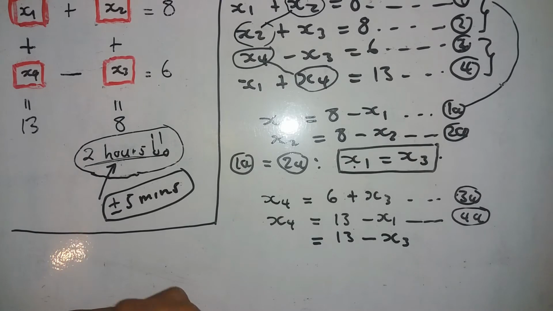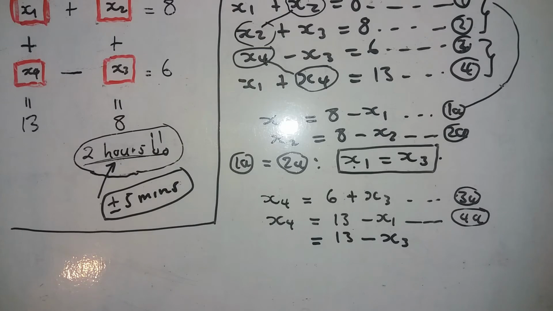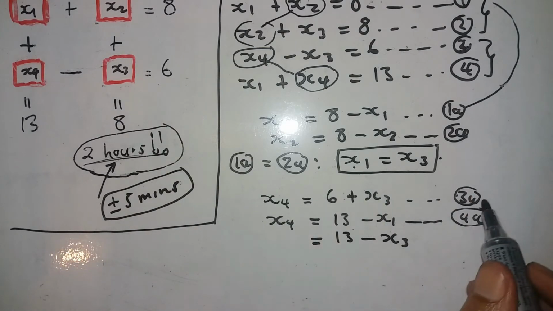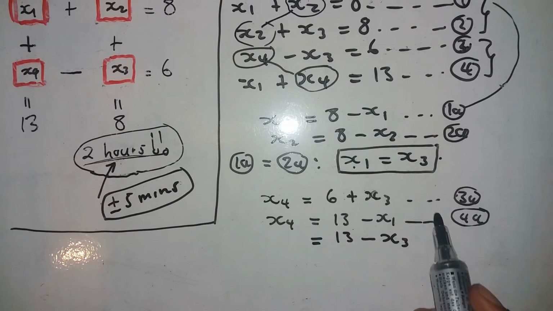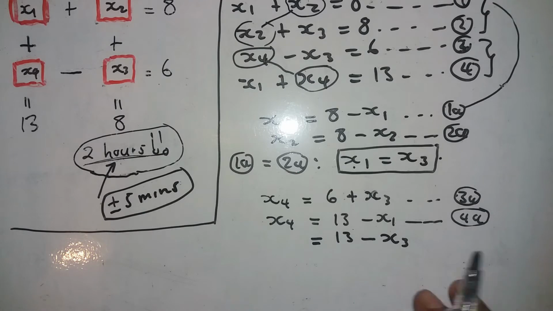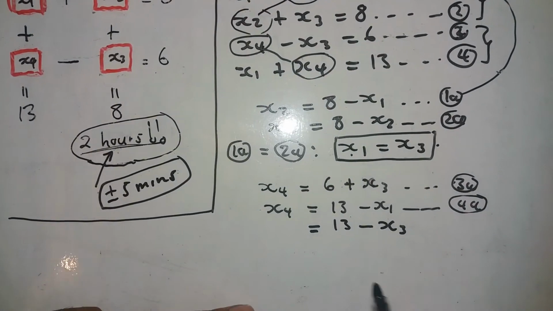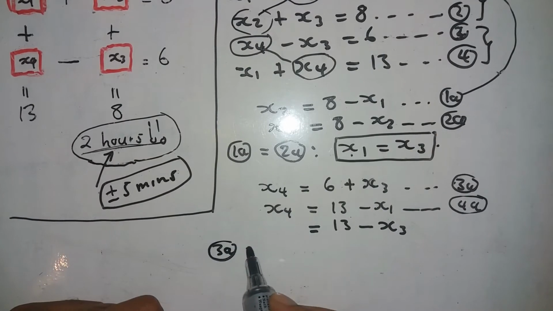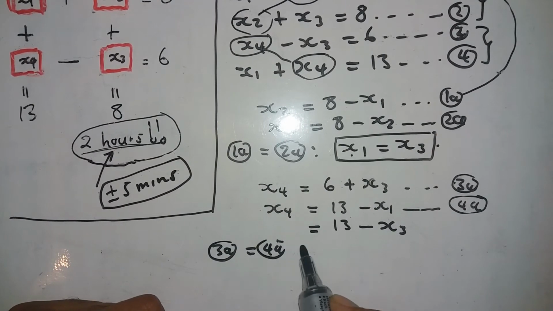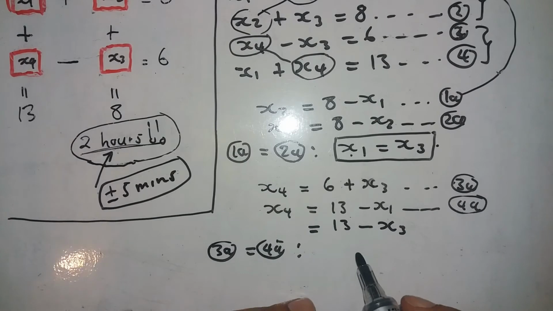What I'm trying to do here is end up with an equation with just one variable. I could use 3a and replace x3 with x1, but I decided to use the 4a equation to do that. So I equated the two equations, 3a equal to 4a, because of this common variable.